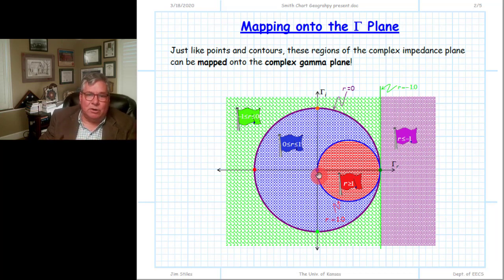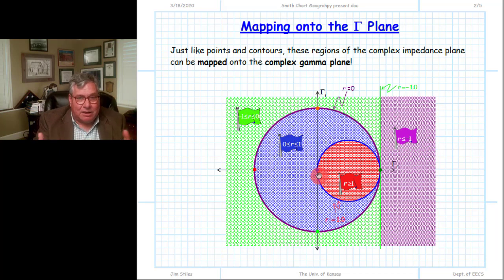And that's because the origin of the complex gamma plane is the matched impedance, a real value of 1 and imaginary part of 0. And the contour, therefore, of r equal to 1 includes that point and must intersect that point. So the impedance that maps to the center of the complex gamma plane is an impedance of r equal to 1 and x equal to 0.